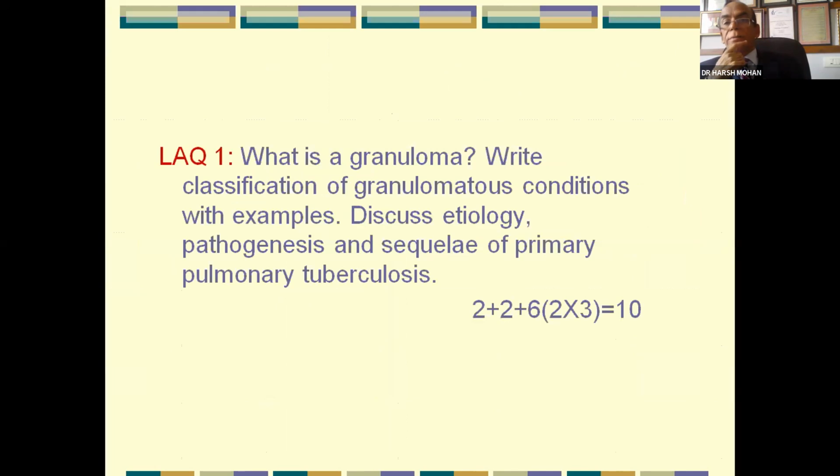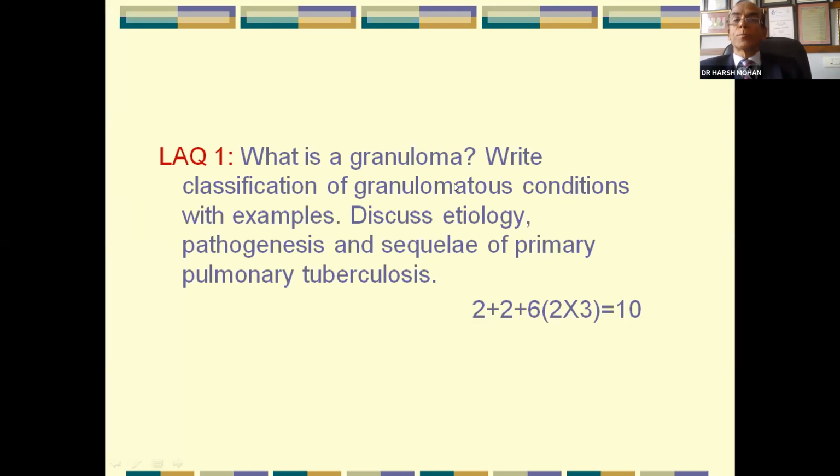Now, for example, one long answer question can be, what is a granuloma? Write classification of granulomatous conditions with examples. Discuss etiology, pathogenesis, and sequelae of primary pulmonary tuberculosis. Now, there are various components in this long question. What is a granuloma? Is a definition, carries 2 marks. Classification of granulomatous diseases with examples, which means groups of granulomatous conditions, infectious, non-infectious, and within infectious, what are the examples?